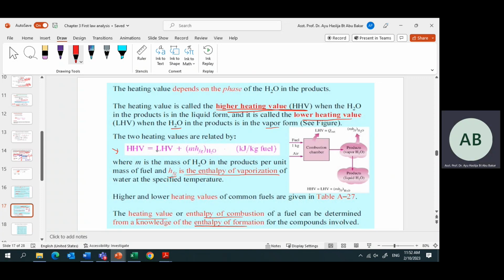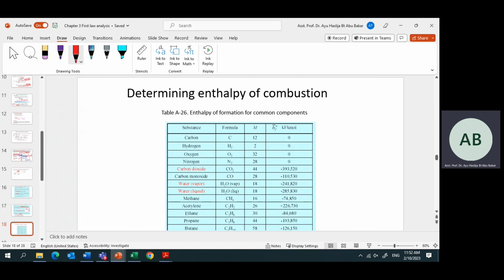So that's why we are using LHV from the vapor form plus the molar mass multiplied by the enthalpy of vaporization here. Basically, this is the equation that you need to use to find the HHV for liquid propane.